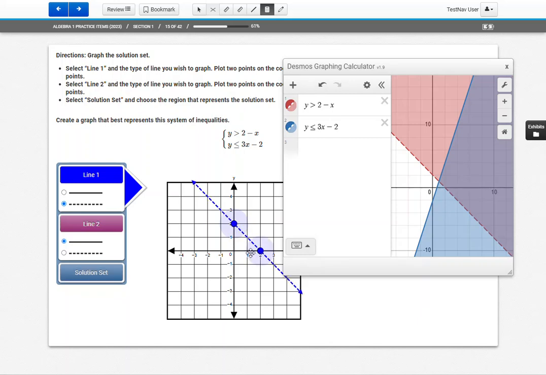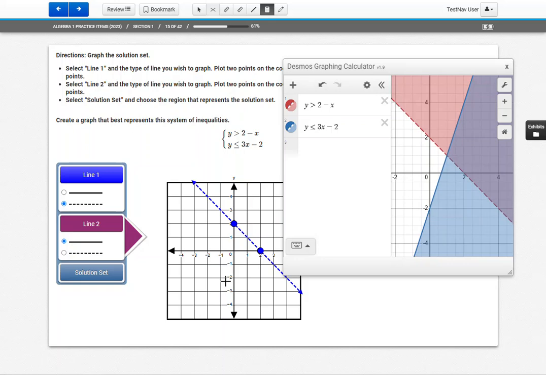I need it to be shaded. I think I have to use this solution. It will be up here. Okay, so I just had to click it. The other line is from -2 and something like that. So I need to just pick another point. Let me pick that point 2, 4. So for the next line, I'll do -2 and then maybe this point 2, 4. 2, 4 right there.